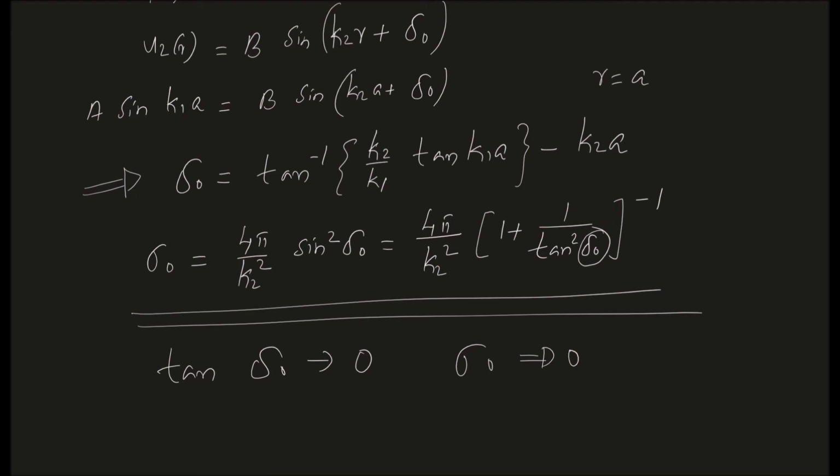So you can consider it as electrons scattered by some potential well in a material. Under certain special cases, not always, we can have this situation where delta 0 is equal to 0, or no phase shift is introduced by the scattering potential.